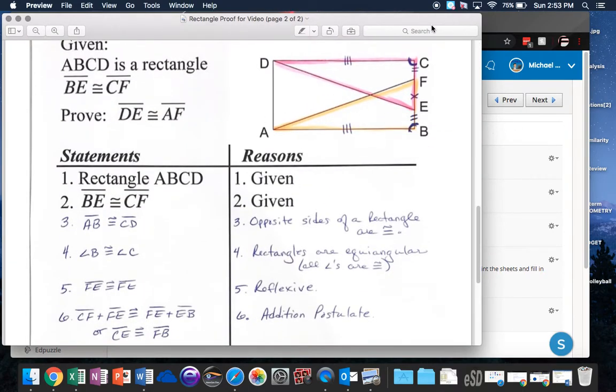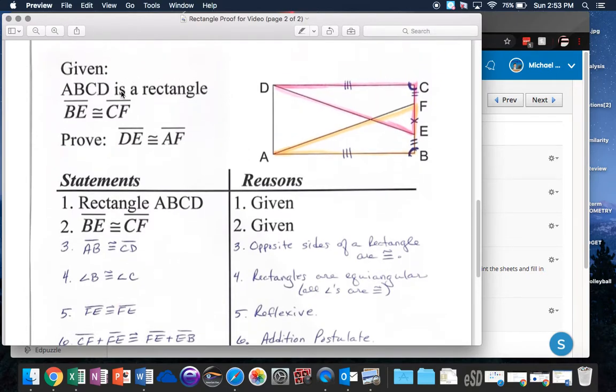So I went over with a highlighter just to make it a little bit more visible for you. Now, let's start looking at what we got. I have the rectangle piece, which I know means that the opposite sides of a rectangle are congruent. So just like that, my orange and pink triangles here have a congruent pair of sides. Now, one of the other things I know is that in a rectangle, see angle C and angle B?